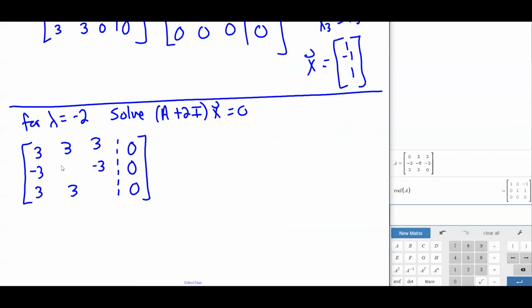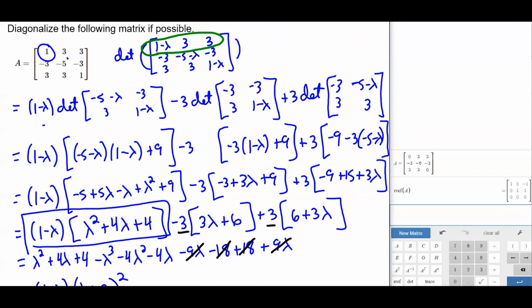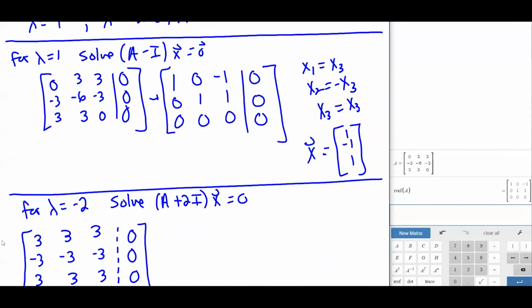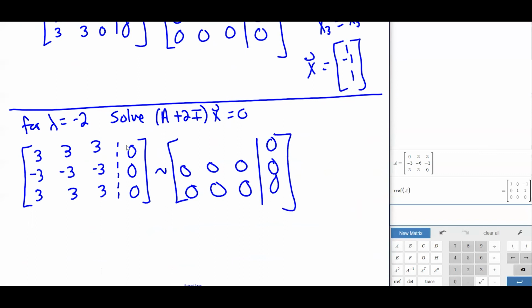So that would be 3, -3, and 3. Right, I just added 2 to these main diagonal entries. And this one, I don't need a calculator to row reduce. Right, I'm going to get 2 rows of zeros. Divide the first row by 3, I get this.